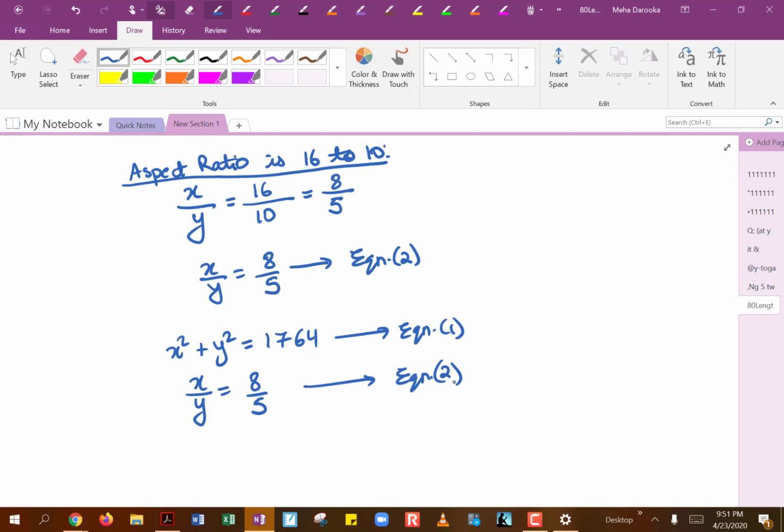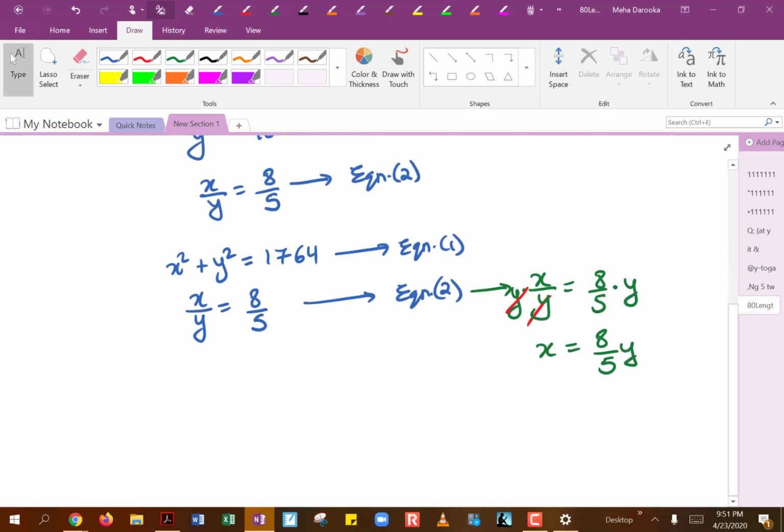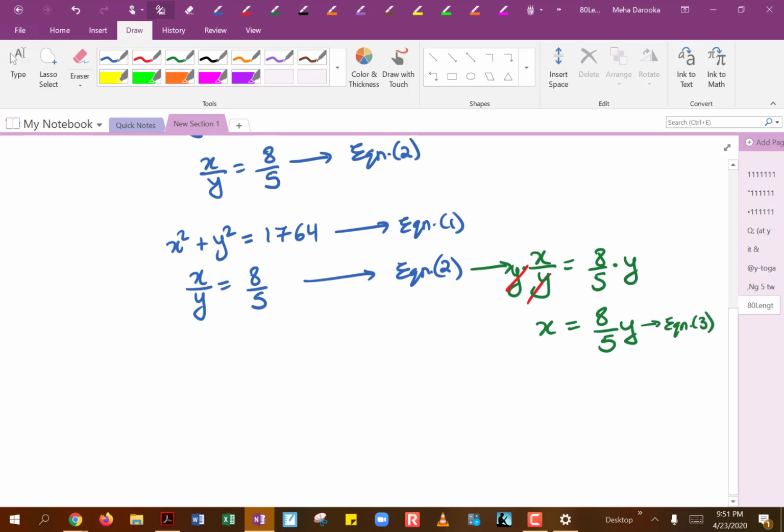We will need to use substitution. So I'm actually going to go ahead and rewrite my second equation, where I'm going to basically multiply both sides by y. Get rid of that y on the right hand side, so that you are basically left with x equals 8/5 times y. Okay, so let's call this, I don't know, maybe equation 3.